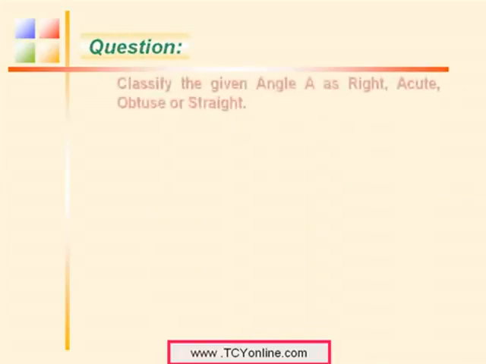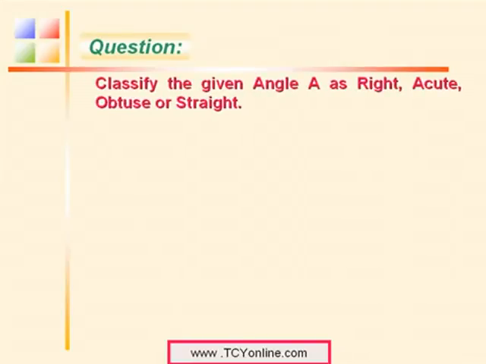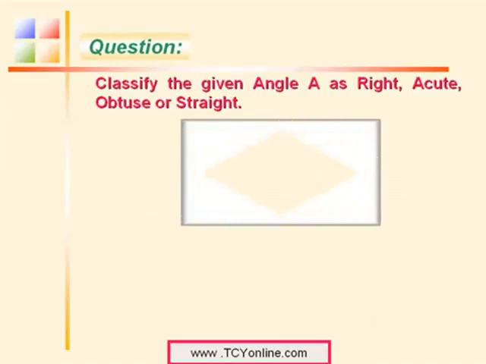Now let's look at one more question like that. Again, we need to classify the given angle A as right, acute, obtuse or straight. This is a figure of a measuring funnel, and we need to identify this angle A. Simply when we give a look at this angle, we find that this is not a straight angle, because it is not making a straight line.